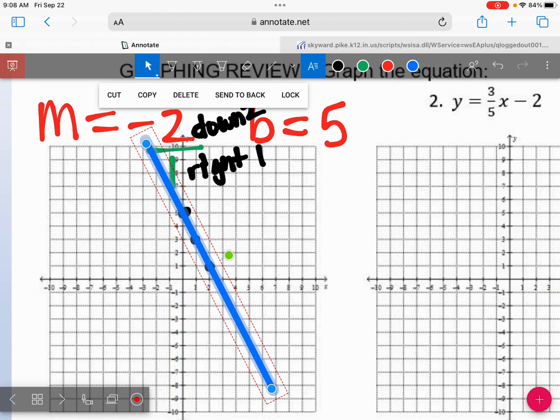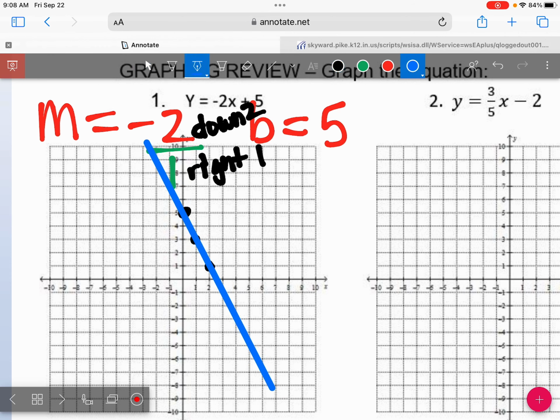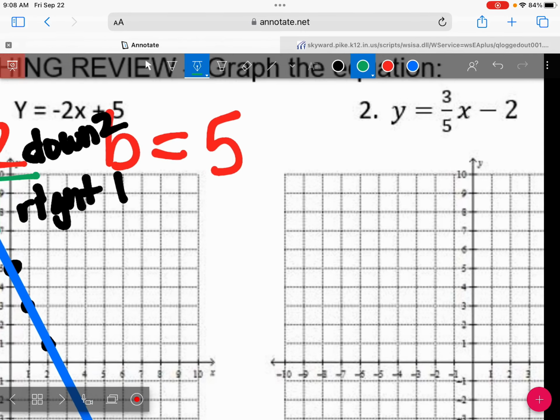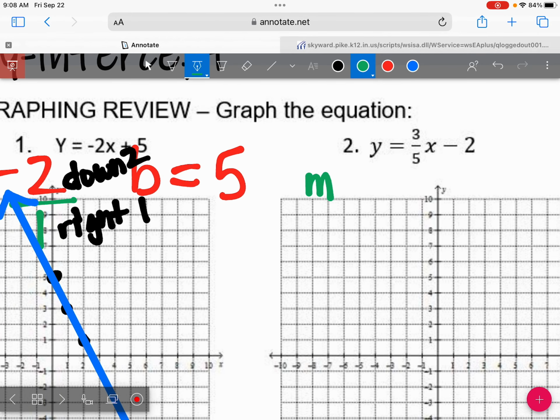All right, now let's look at question 2. So this is my first graph. So B tells you where to begin, and the slope, M, tells you how to move. So my slope for the second one is positive 3 over 5. So that means I'm going to go up 3, right 5.